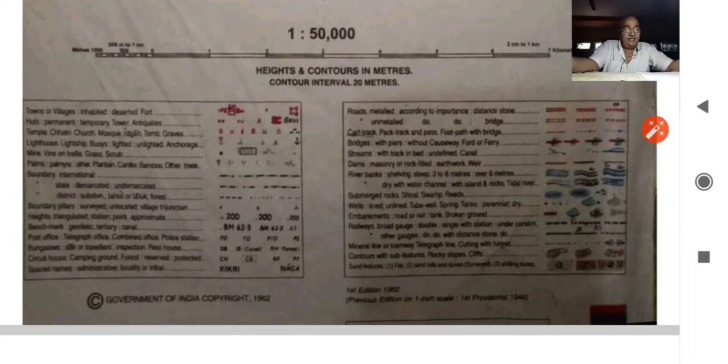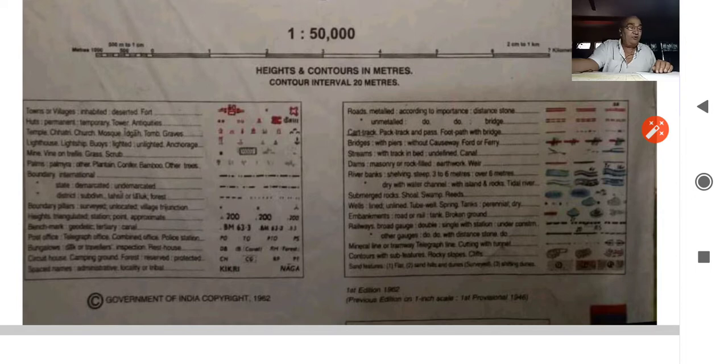First you can see red. In red color, eastings, northings, towns, cart track, pack track, metalled road are given. Blue color is for water. You can see in the bed of the river there is a blue line shown.